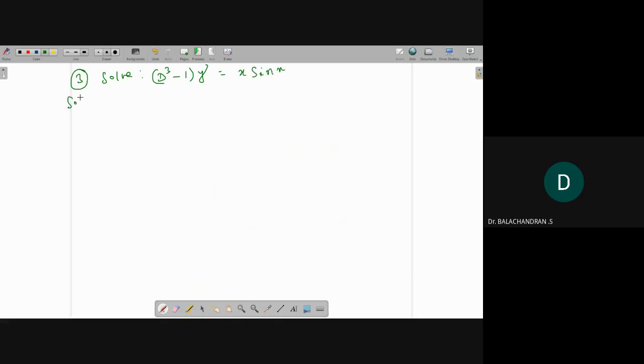The solution: auxiliary equation is m cube minus 1 equal to 0. This is a cube minus b cube. So a cube minus b cube is a minus b into a square plus ab plus b square equal to 0.